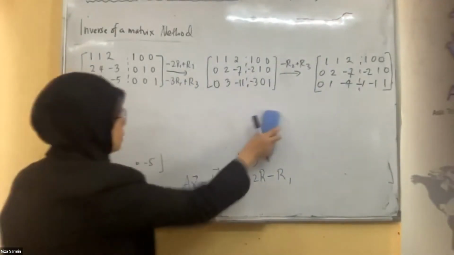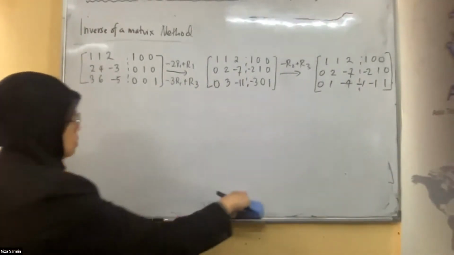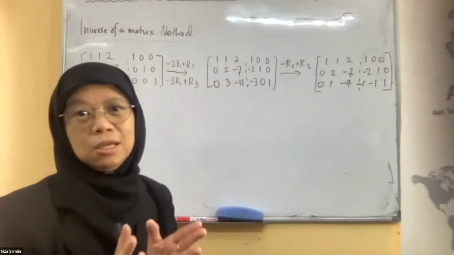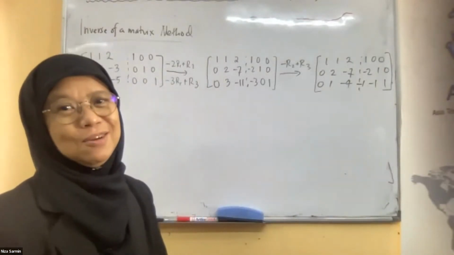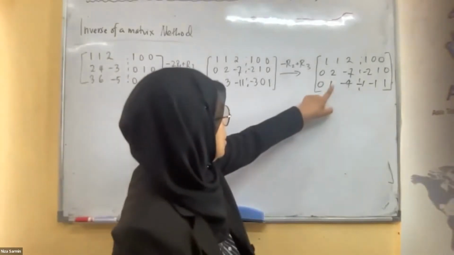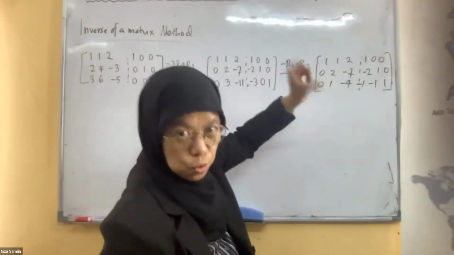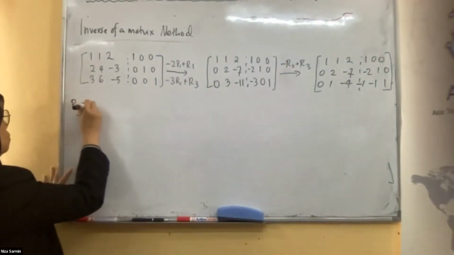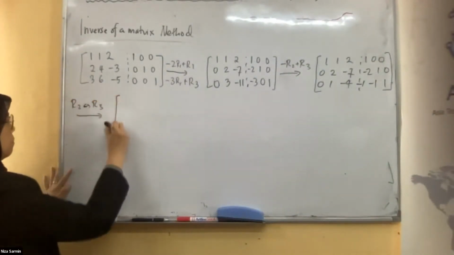Okay. Now we want to find the inverse, so we have to row reduce. This is not yet 1, so we switch row 2 with row 3.